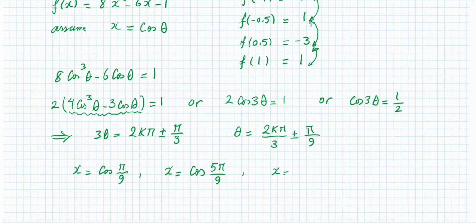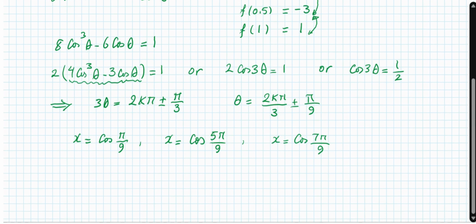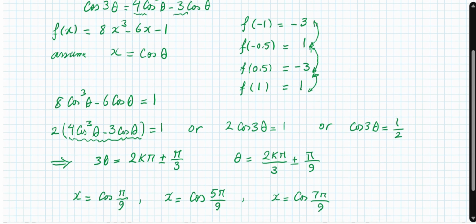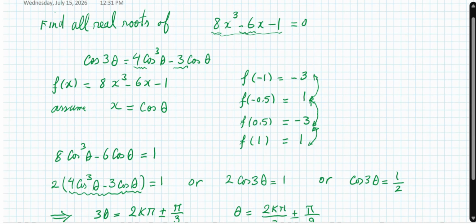And the next one would be cosine of 7 pi over 9. And these would be the 3 roots of this equation.